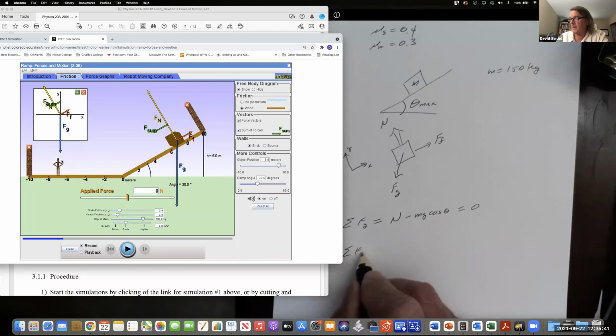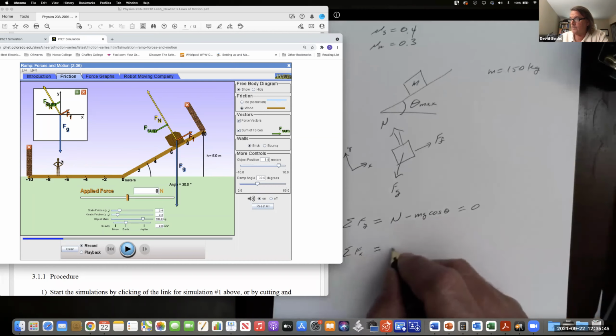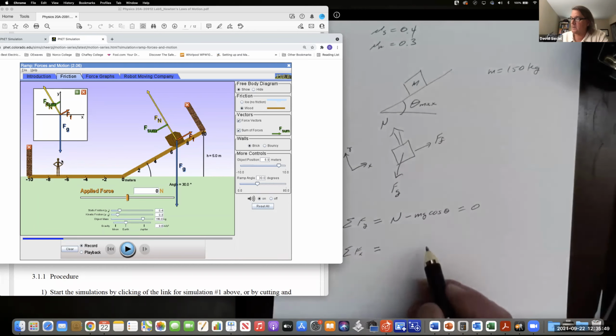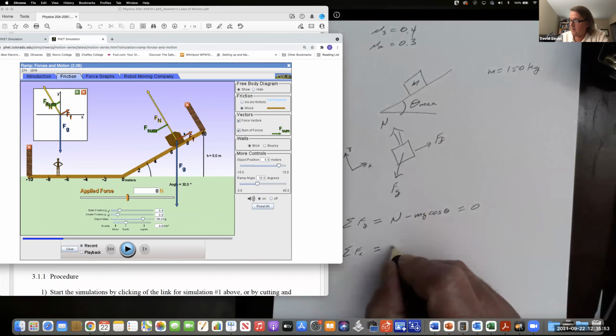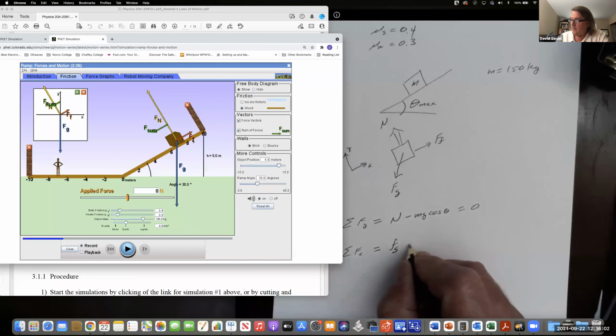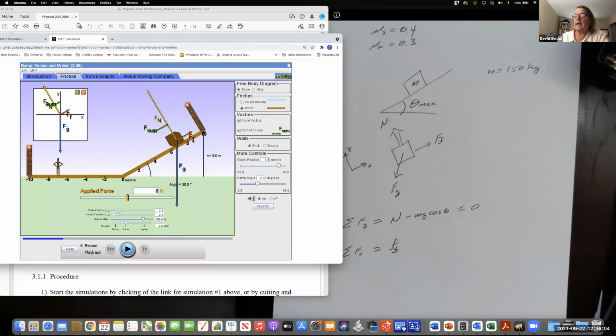Sum of the force in my X direction: F sub X is in my positive X direction. My force of friction, that's the F static, because I want to find the maximum angle that I can set it at.